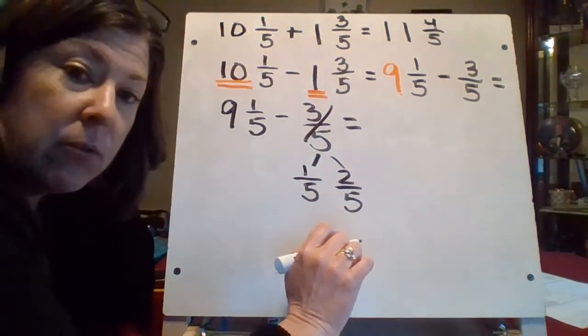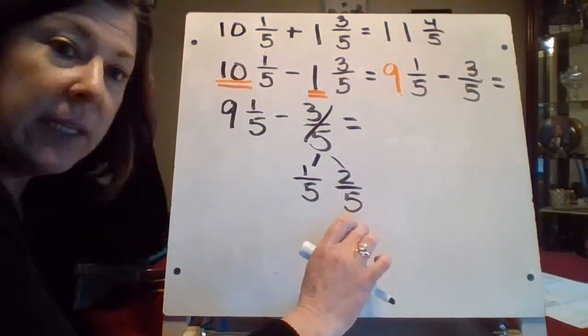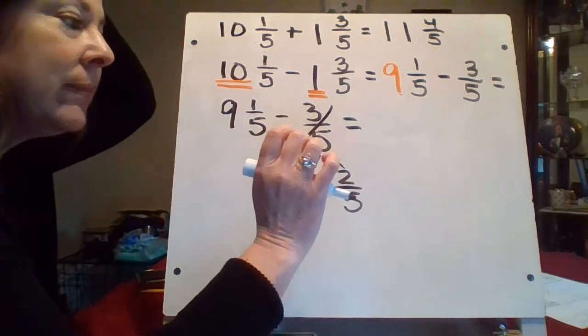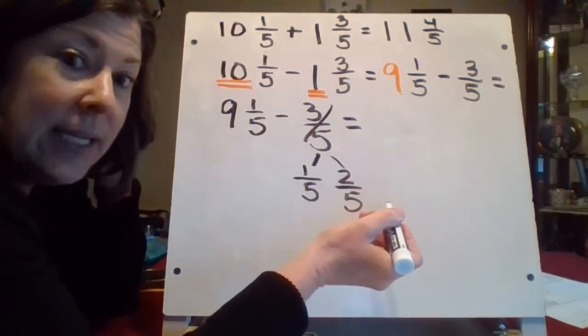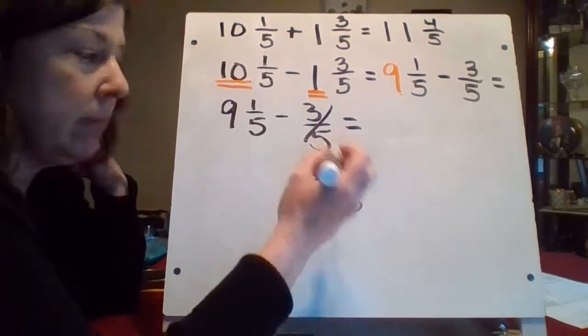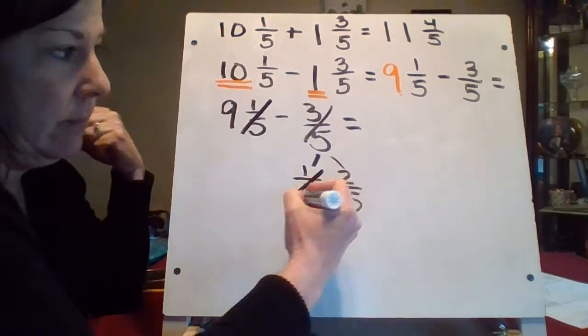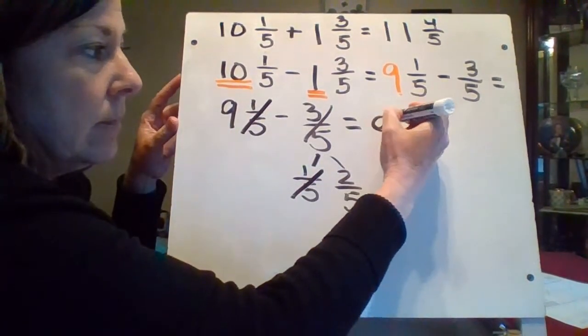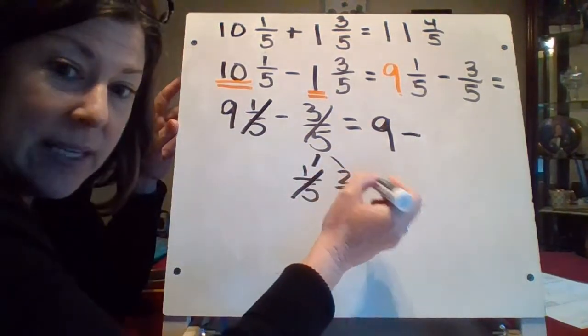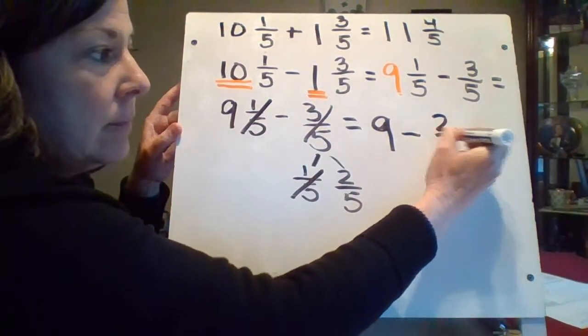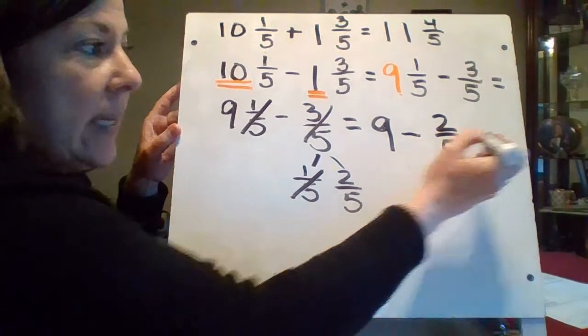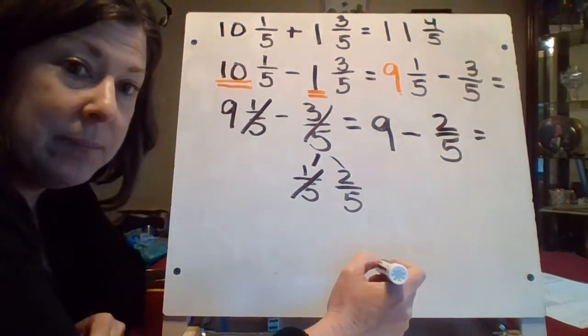I decompose that 3/5 into a 1/5 and a 2/5. Now I can take away the 1/5. I still have the 9, and I still have to take away 2/5.